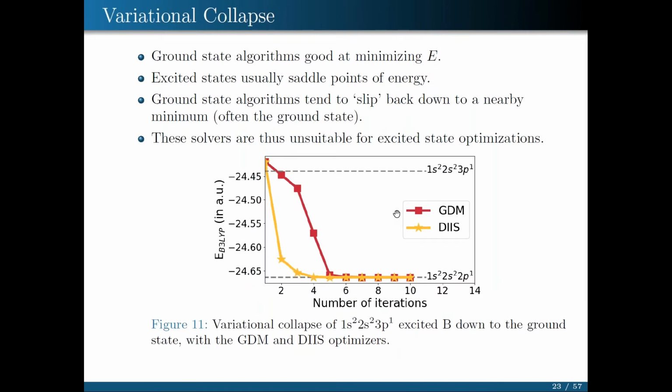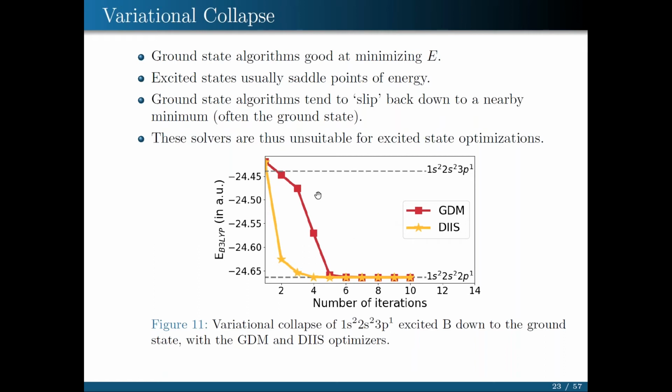But that was the ground state, and talking about algorithms that are good at minimizing energy. However, excited states, as I might have mentioned before, are saddle points of energy. So ground state algorithms tend to slip down to a nearby minimum instead of remaining on the desired saddle.